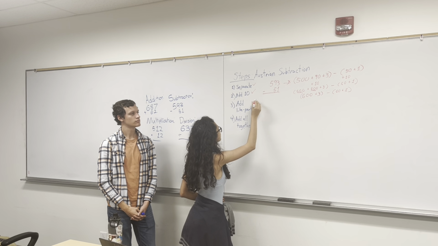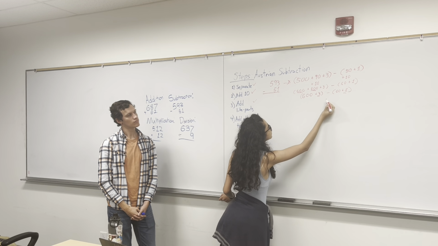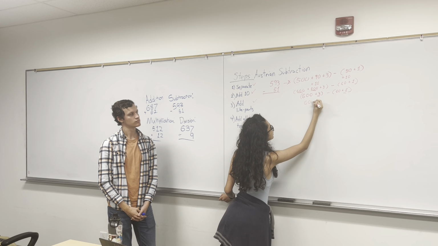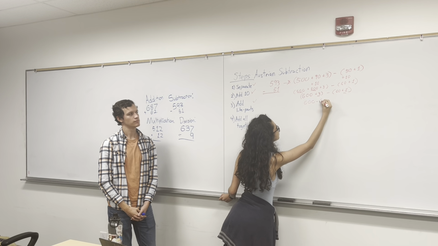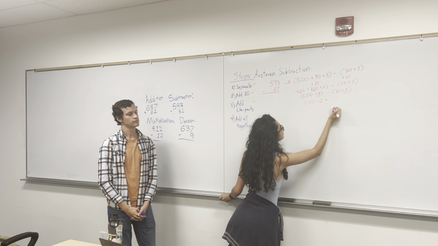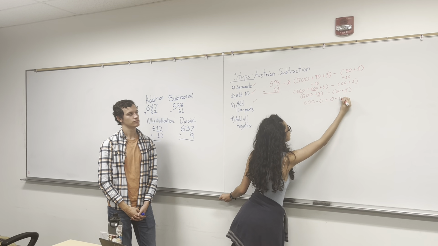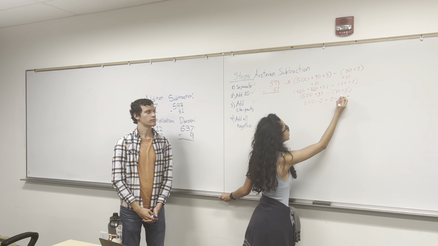And at this point, we will subtract our like components. So we will have 600 with no 100 component here, minus 0, plus no 10 component here, so that's 0 minus 60, plus our ones component, 3 minus 1.